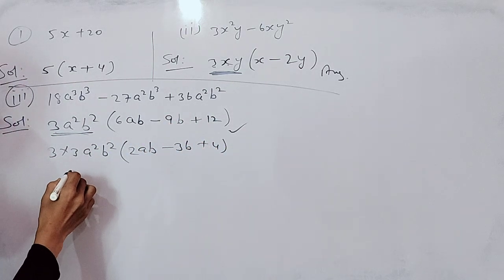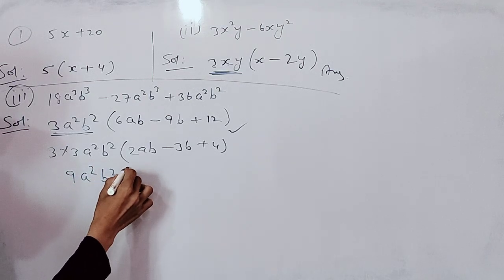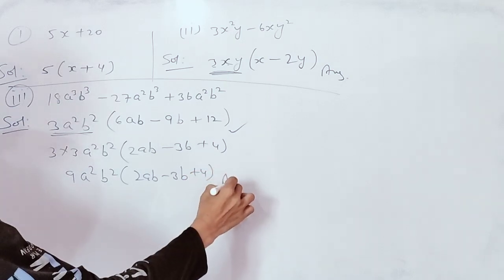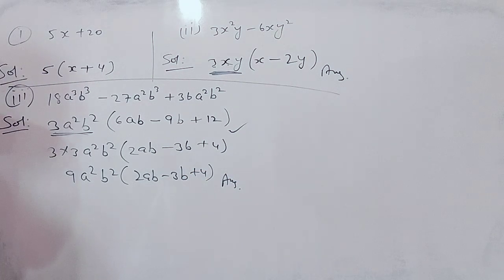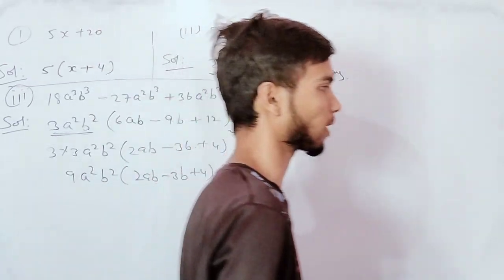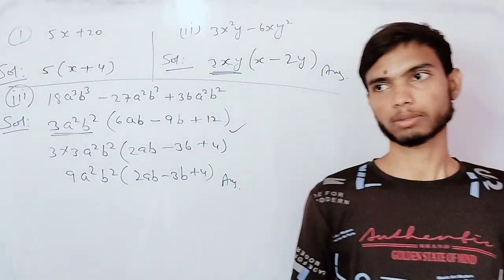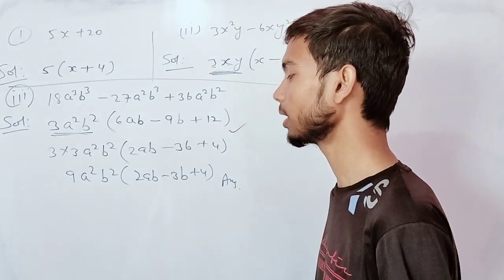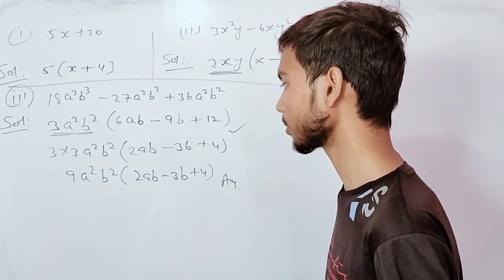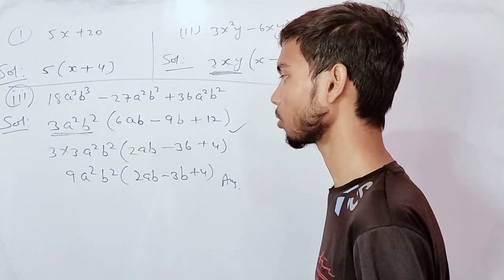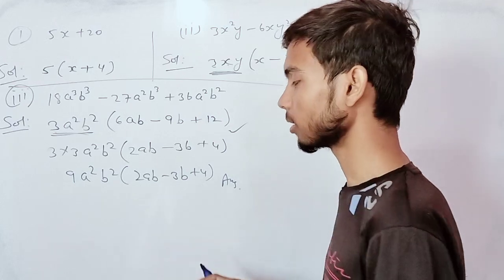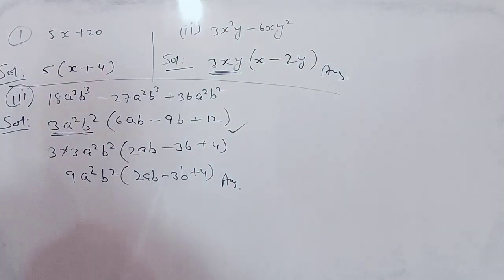We will multiply: 3 A square B square (2AB minus 3B plus 4). Now you can observe that it cannot be simplified. In this bracket we cannot take any number, coefficient or variable as a common, so we cannot simplify it further.